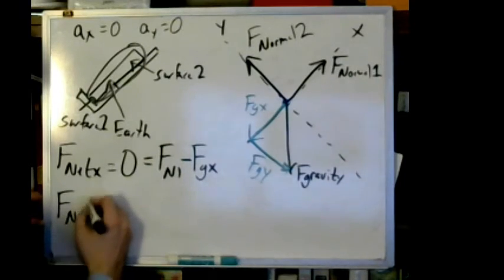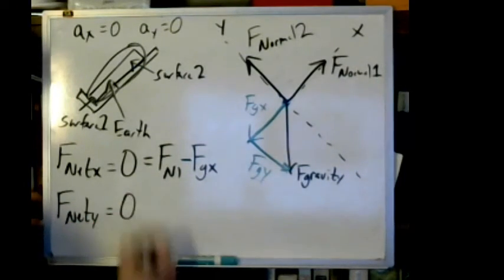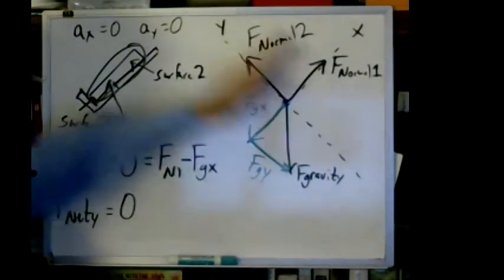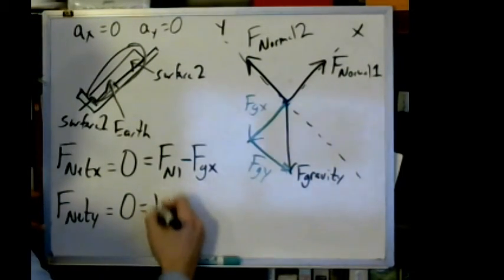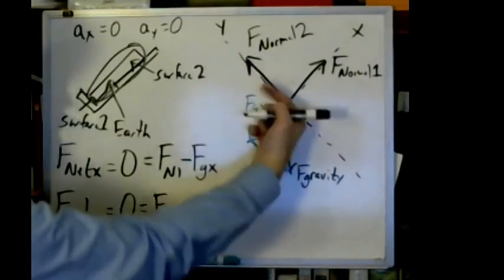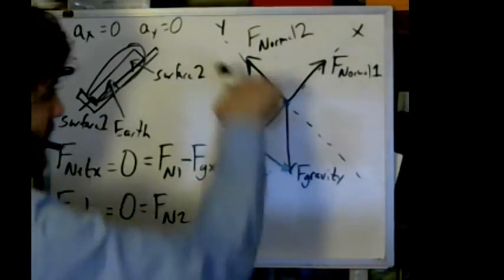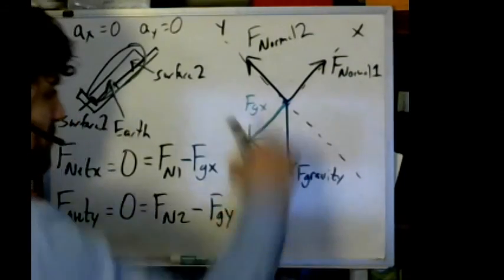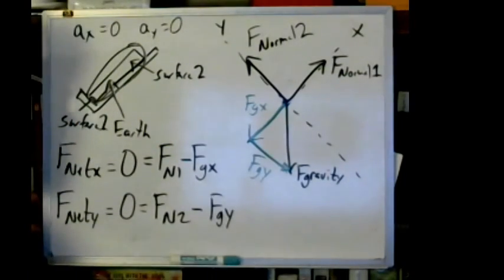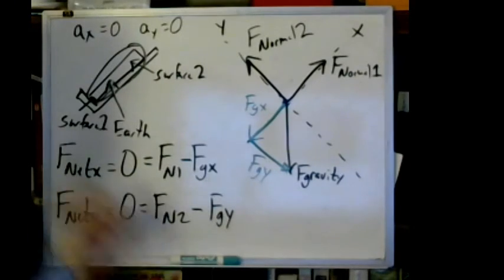We have our net force in the y direction. We know that has to be 0. The book is not accelerating this way. We have two forces. We have the normal force 2 pushing up that way. We have the force of gravity in the y direction pulling down the other way. These have to be 0 because there is no acceleration.